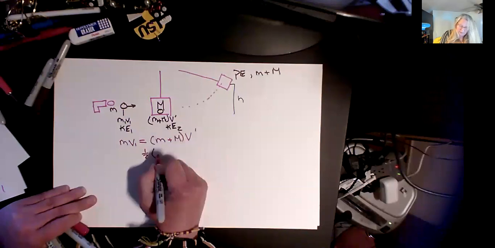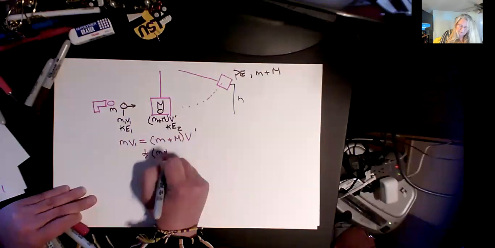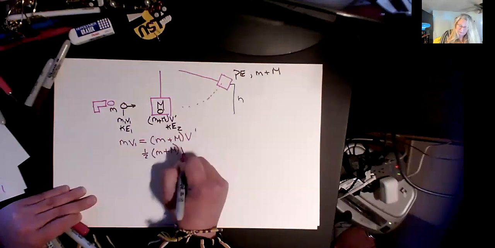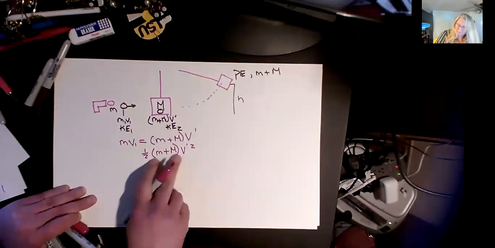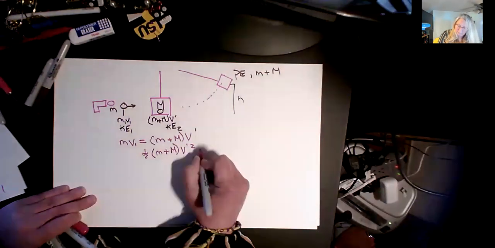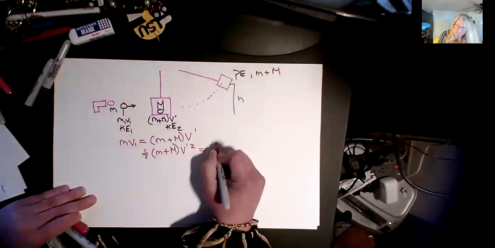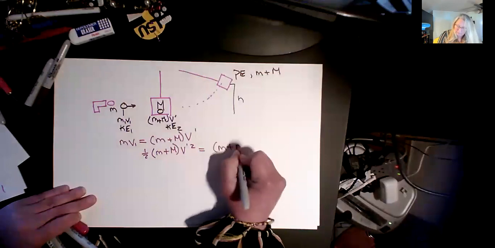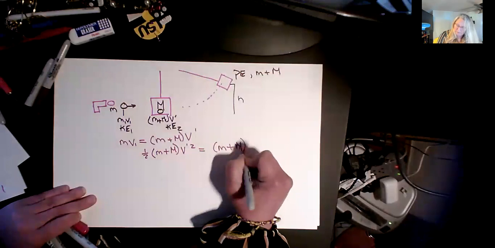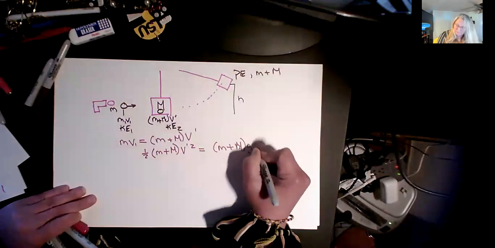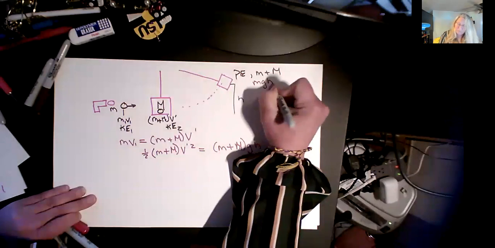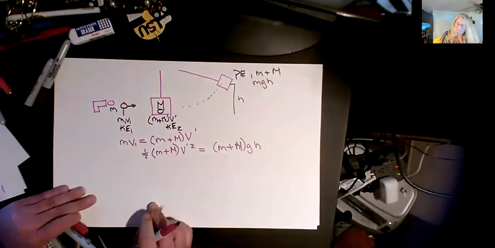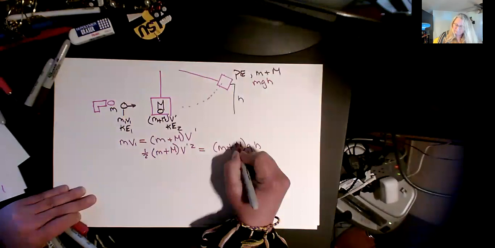So I have 1/2 (m plus big M) v prime squared. In conservation, it's going to go all the way up here, equal to (little m plus big M) gh. That's just mgh, potential energy due to gravity. Make that clear for you.